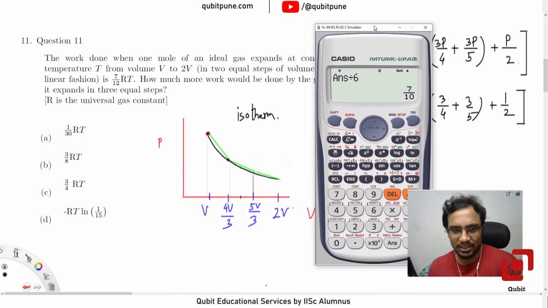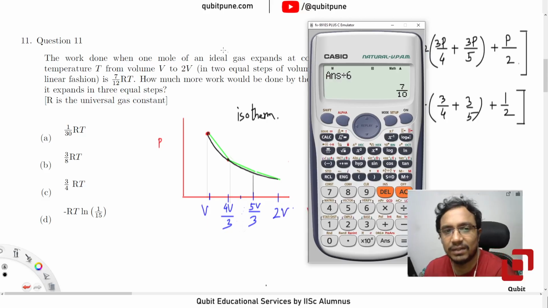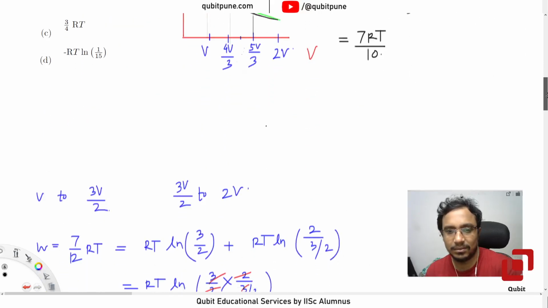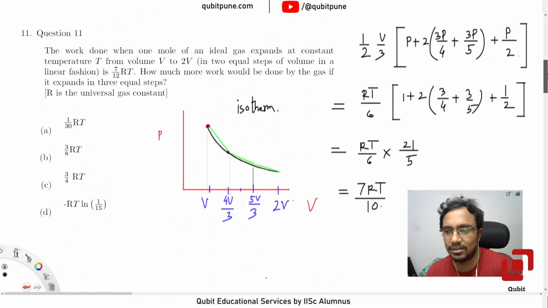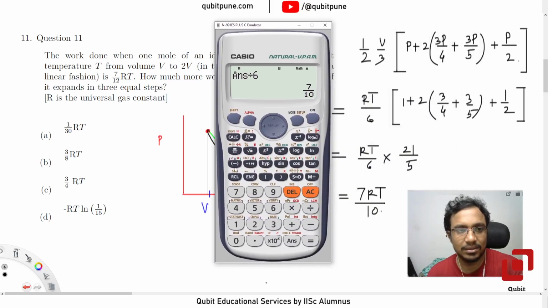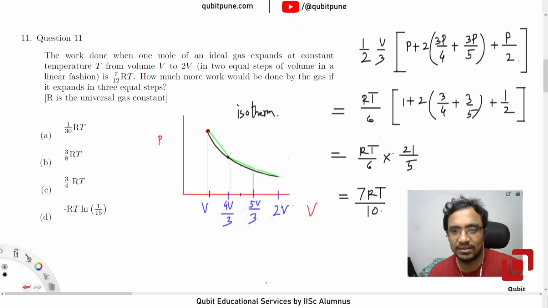Okay, I guess we will check what answer we get if we expand it in 2 equal steps. Because our answer is not matching, right? The calculator cannot be wrong. It is giving us 7/60.